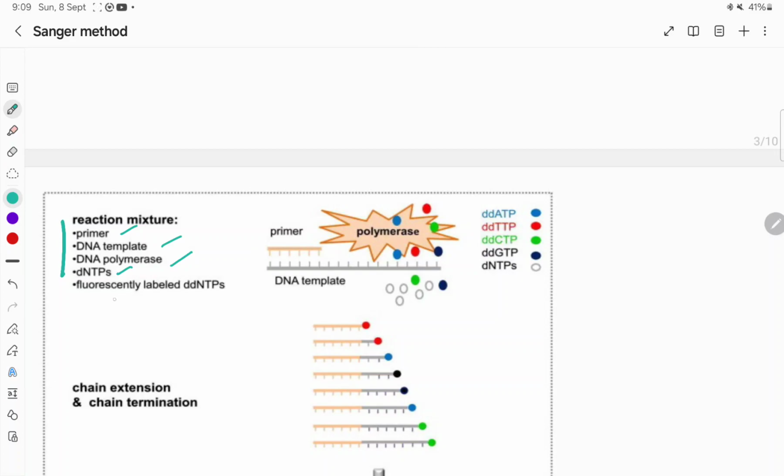Now if we add fluorescently labeled dideoxynucleotide triphosphates of all the 4 bases: dideoxy adenosine triphosphate, dideoxythymidine triphosphate, dideoxycytosine triphosphate, and dideoxyguanosine triphosphate, at a lower concentration compared to the deoxynucleotide triphosphates, then occasionally they will bind, and when they bind, there will be termination of the chain.